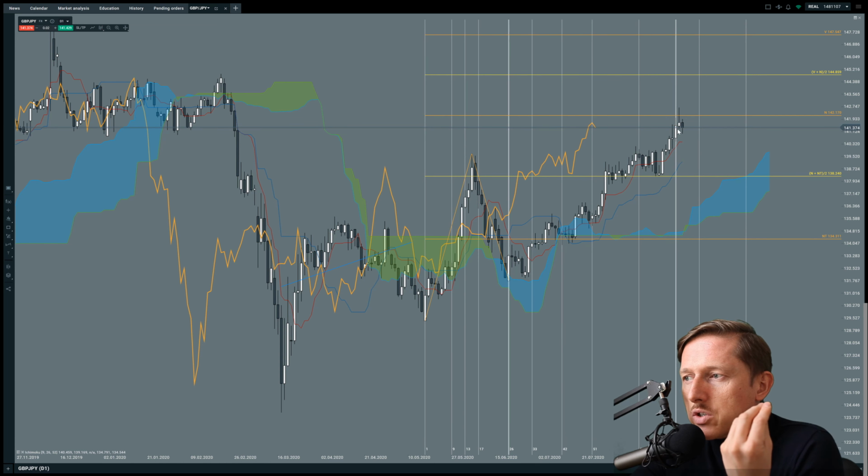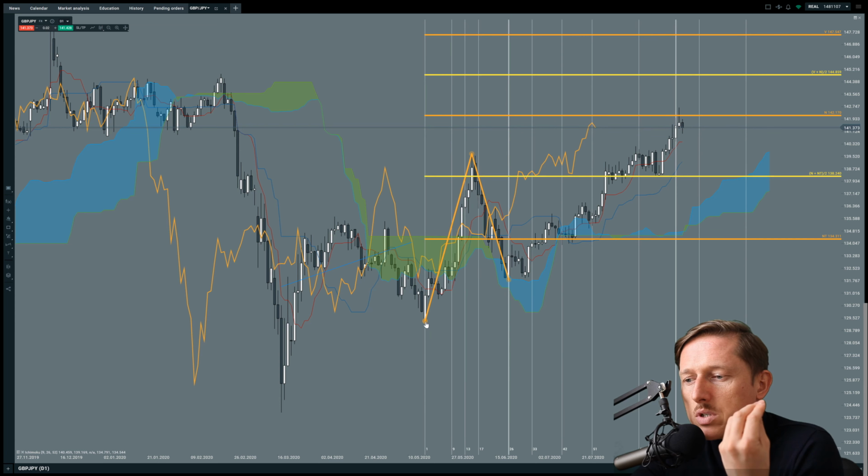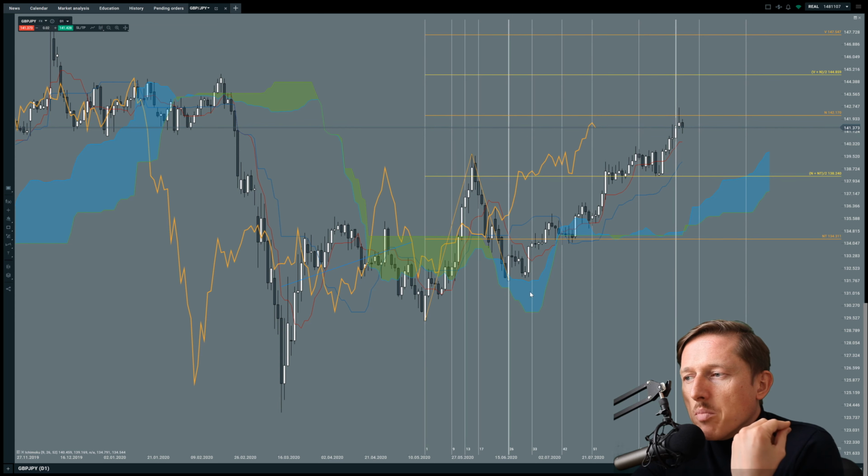having this information, we know that most likely this movement, represented by this N wave, is finished, and now we should be looking at the correction. So we might go back all the way to Kumo.